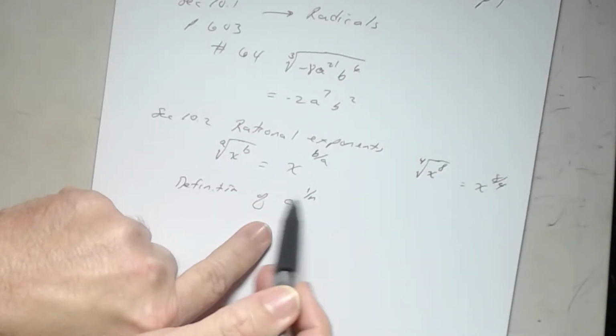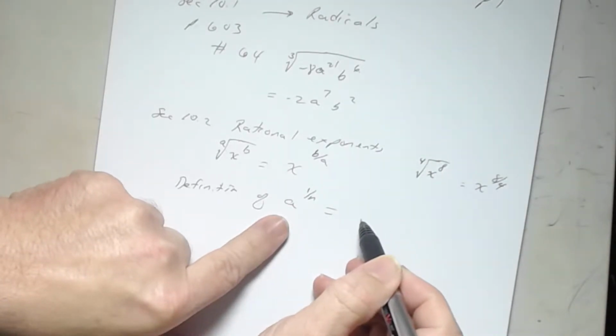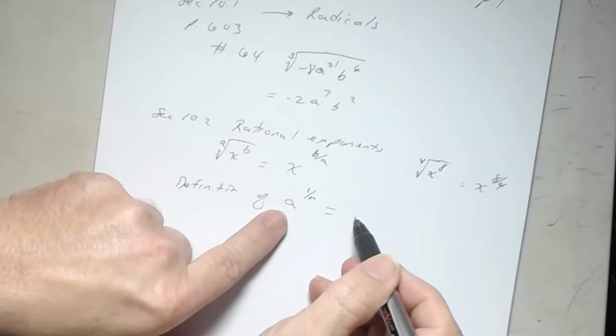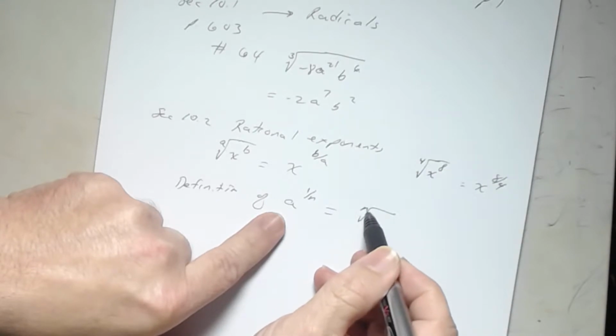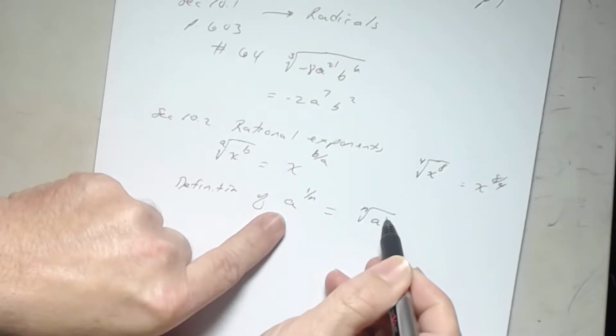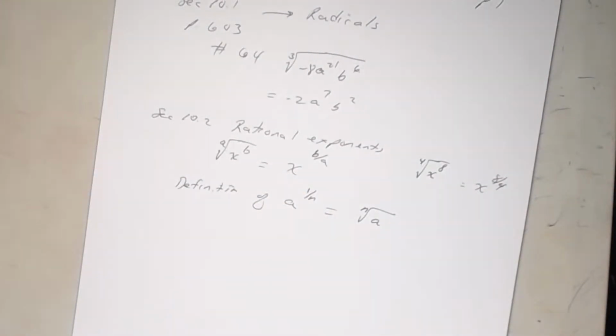So I want you to rewrite this as a radical. Draw your root symbol, put the index n up there, and put the a underneath. So a to the 1 over n is just the nth root of a. That's the definition of a to the 1 over n.